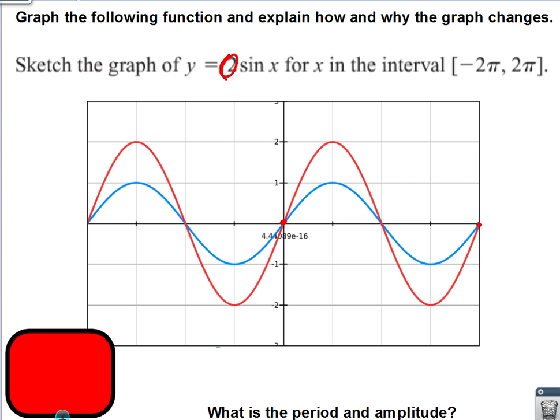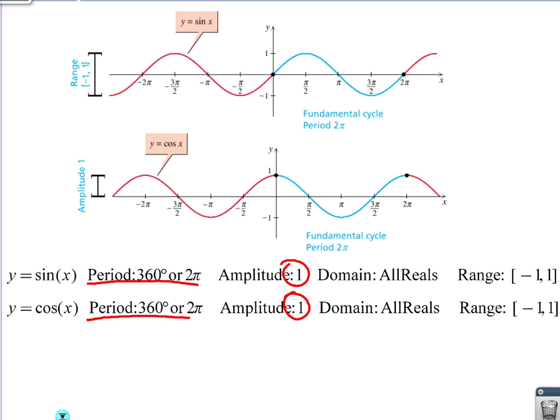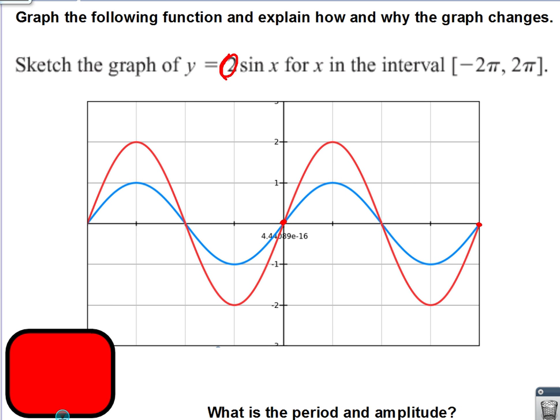Does it change the amplitude? Sure. One more time, what was the amplitude of sine x? 1, right? Isn't there a 1 out front of that sine x? What's the amplitude of y equals 2 times sine x? 2, because it's twice as tall. It was 1, you make it twice as tall, now it's 2.